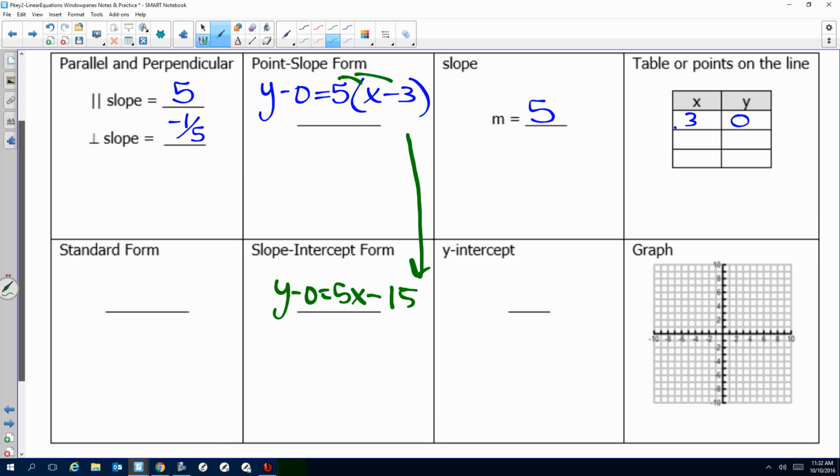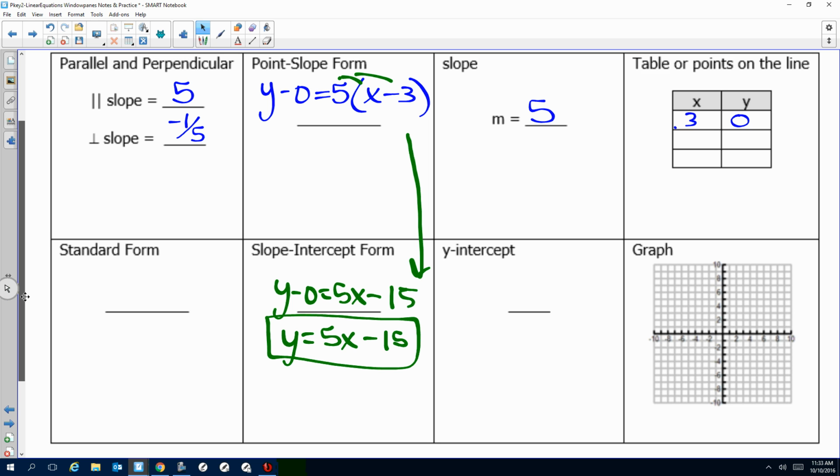So if we solve for y, it's just going to be y equals 5x minus 15. There is my slope-intercept form. And then I see my y-intercept: because it's in slope-intercept form, my y-intercept is going to be 0, negative 15. There's another point.